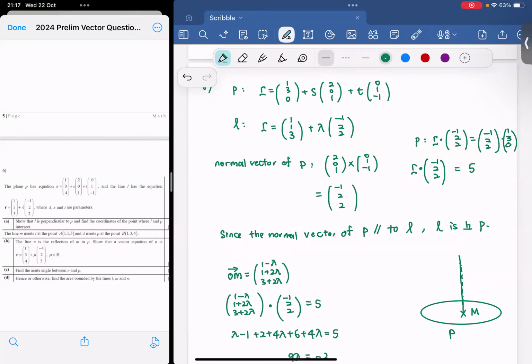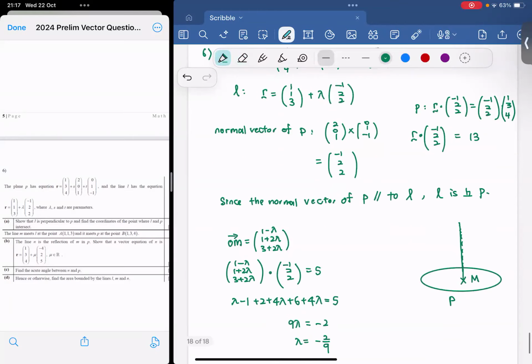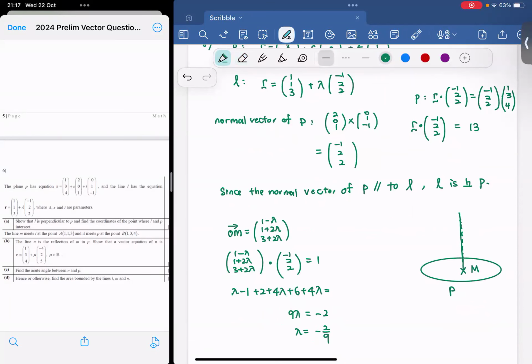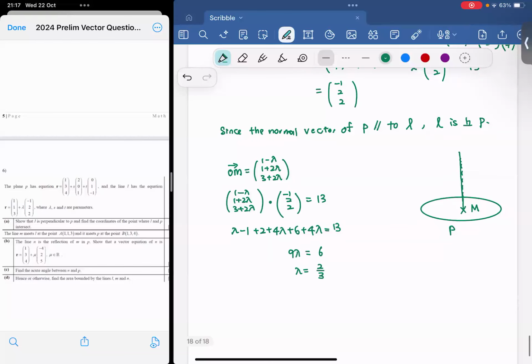Oh, it should be 2/3. They want the coordinates of M, so you better write it as M. M is (1 minus 2/3, 1 plus 4/3, 3 plus 4/3), which is (1/3, 7/3, 13/3).